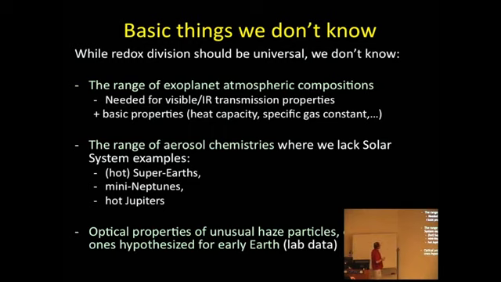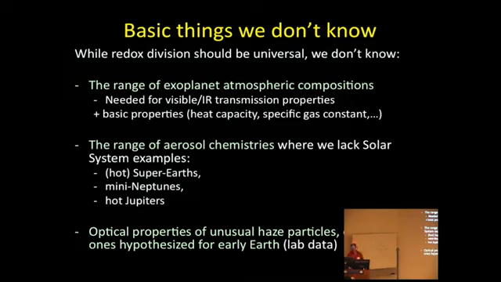So here's some things we don't know. While the redox division should be universal, there might be some quirky cases where it might be oxidized at the top and reducing at the bottom. We don't know the range of atmospheric compositions, but they're desperately needed if we're to understand the visible infrared transmission properties and even basic properties such as the heat capacity, specific gas constant, and so on.